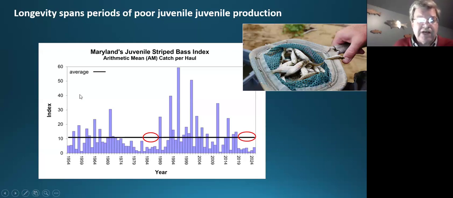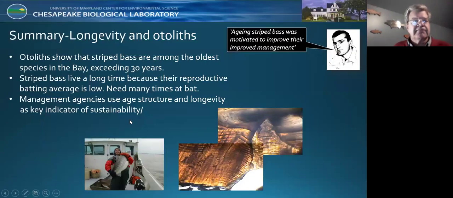So what does striped bass longevity do? It bookends these periods of very low juvenile production. We spawn year after year after year because we have a low batting average. So regarding longevity, we certainly have shown that otoliths give us new insights into longevity for striped bass and other species.